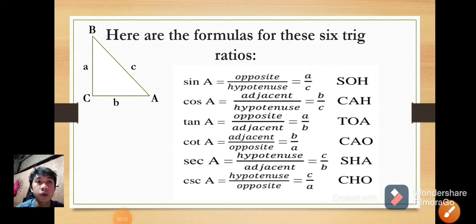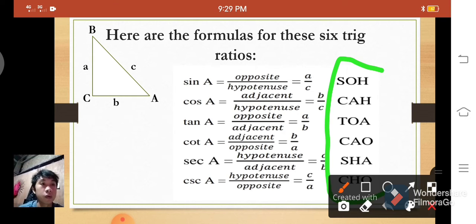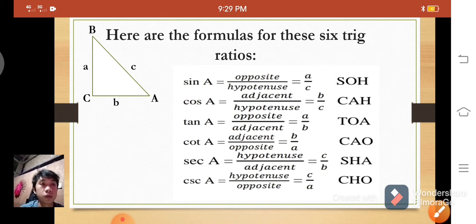Here are the formulas for the 6 trig ratios. We have here SOH-CAH-TOA. So, SOH stands for sine is equal to opposite over hypotenuse. CAH stands for cos is equal to adjacent over hypotenuse.